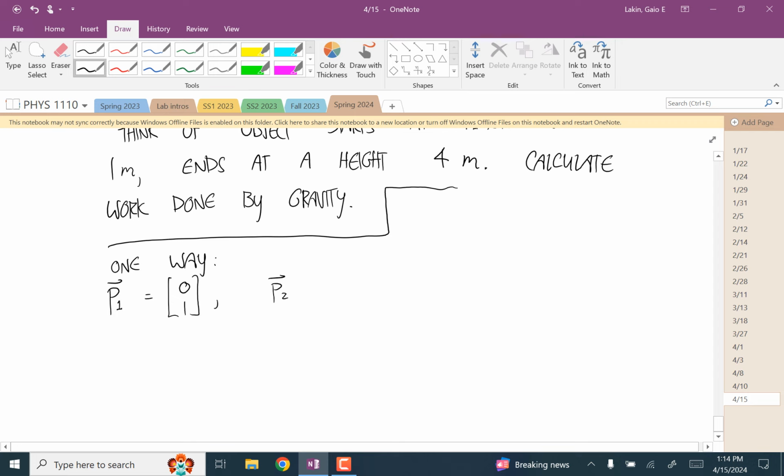The position at instant 2 is (0, 4). And so the displacement vector is (0, 4) minus (0, 1), or (0, 3).